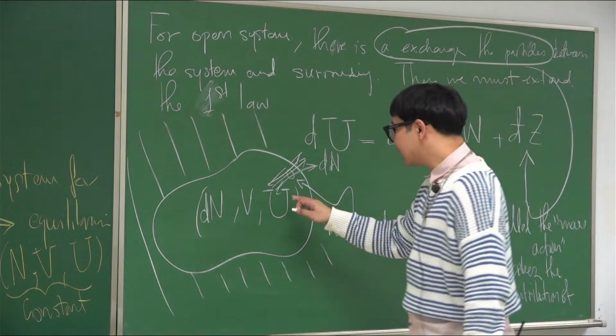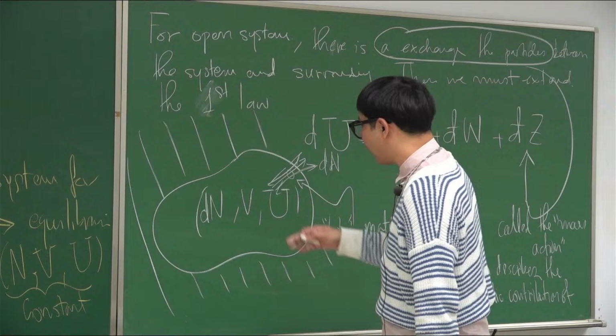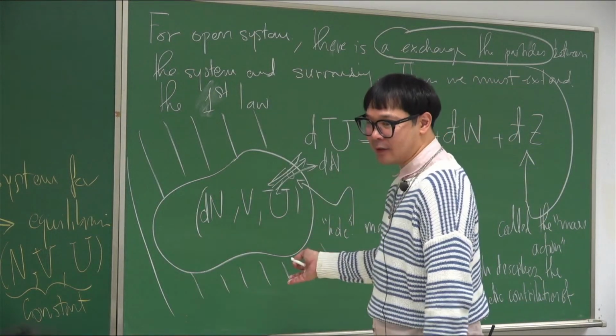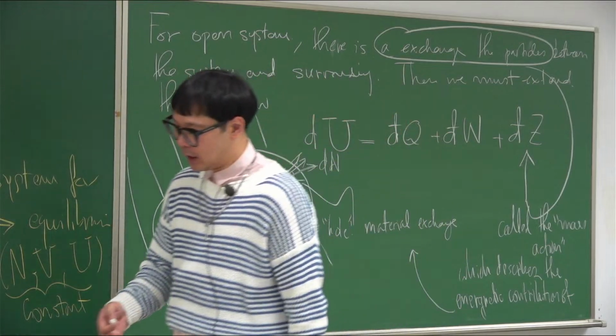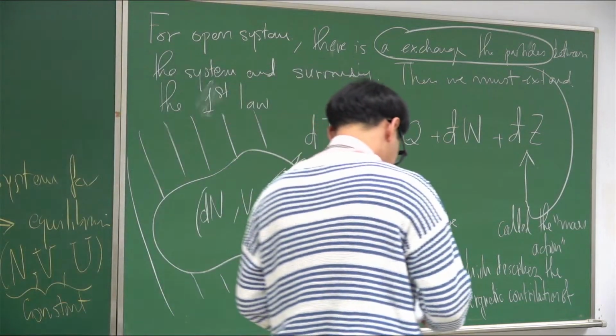But it's not necessary to have a hole here. What I mean is the boundary of the system allows the system and the surrounding to exchange particles. That is the thing.